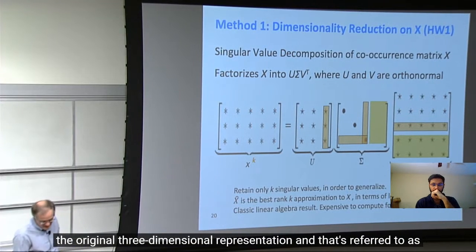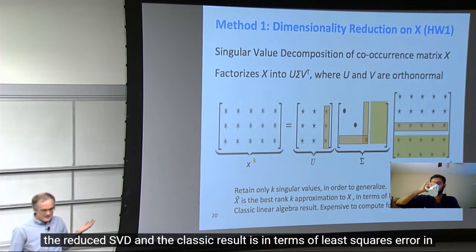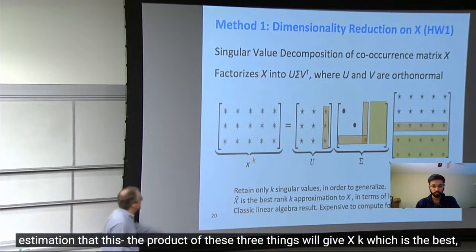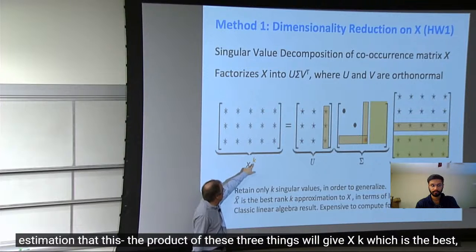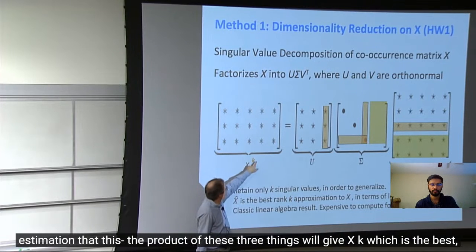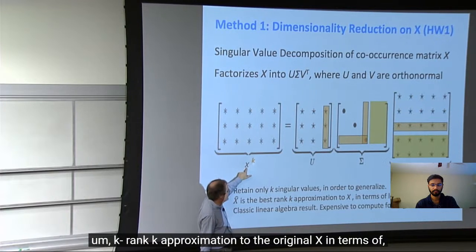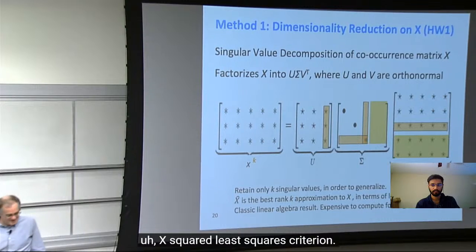That's referred to as the reduced SVD, and the classic result, in terms of least squares error in estimation, is that the product of these 3 things will give xk, which is the best rank k approximation to the original x in terms of a least squares criterion.